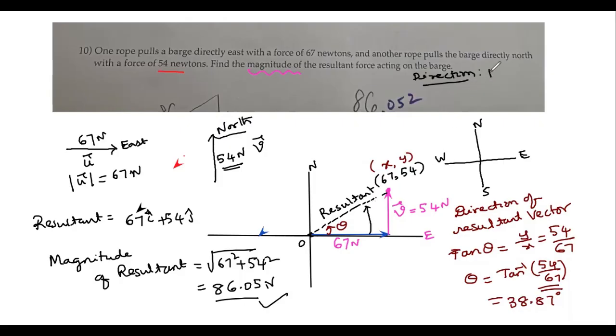So we write east 38.87 degrees north. East is the initial arm of the angle and north is the final arm. So from the east, 38.87 degrees towards the north. This is one style of writing the direction.